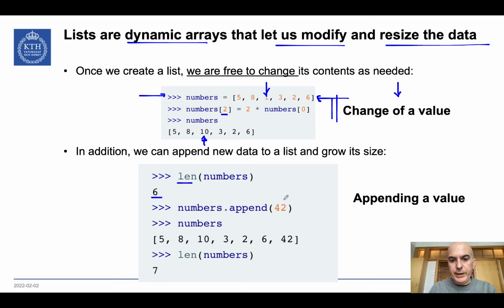Then we add one element at the end of our list. We print it, and we get the list with the additional number at the end. In this case, the length of the array is 7. So just to summarize this slide, lists are dynamic arrays that allow us to modify the values and also to append additional elements at the end of the list.